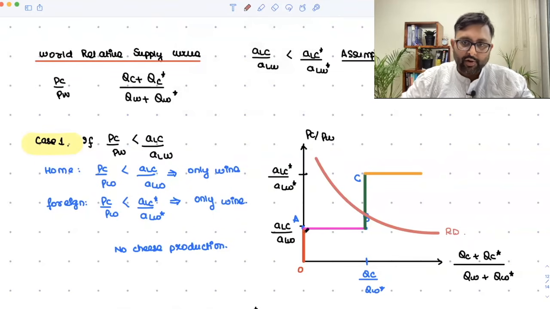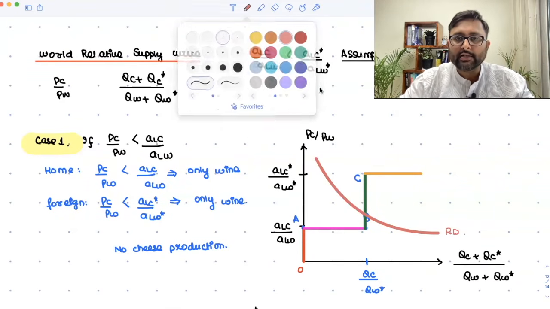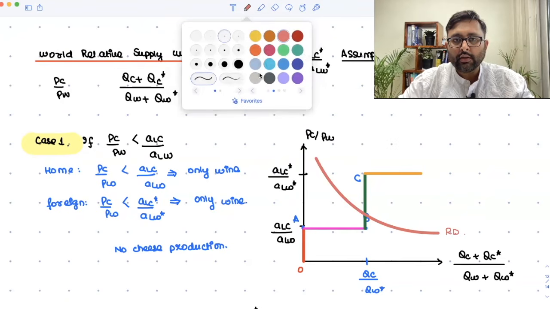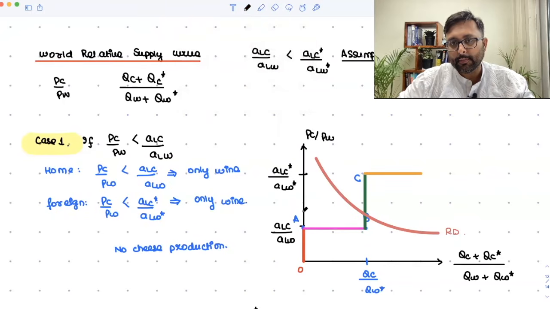And the equilibrium relative price of cheese and wine is shown by the intersection of the relative demand curve and the relative supply curve. That is here, at this point.